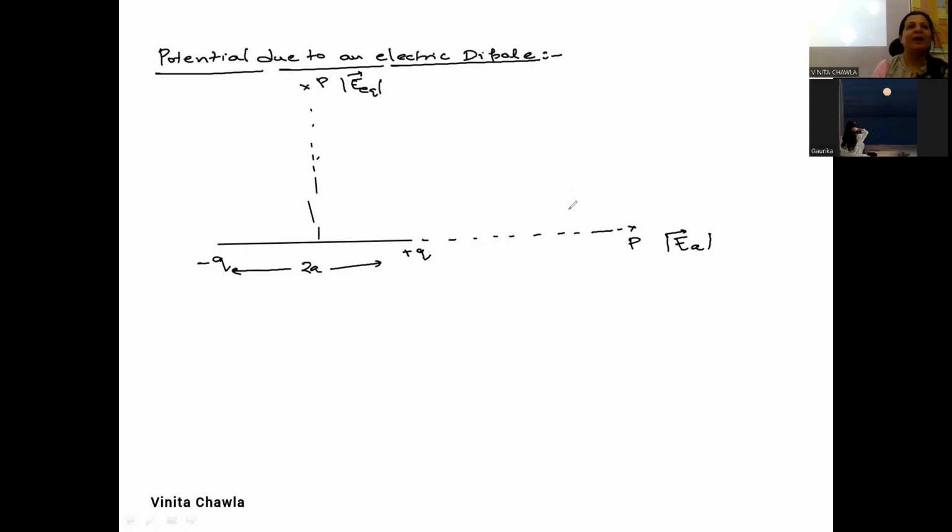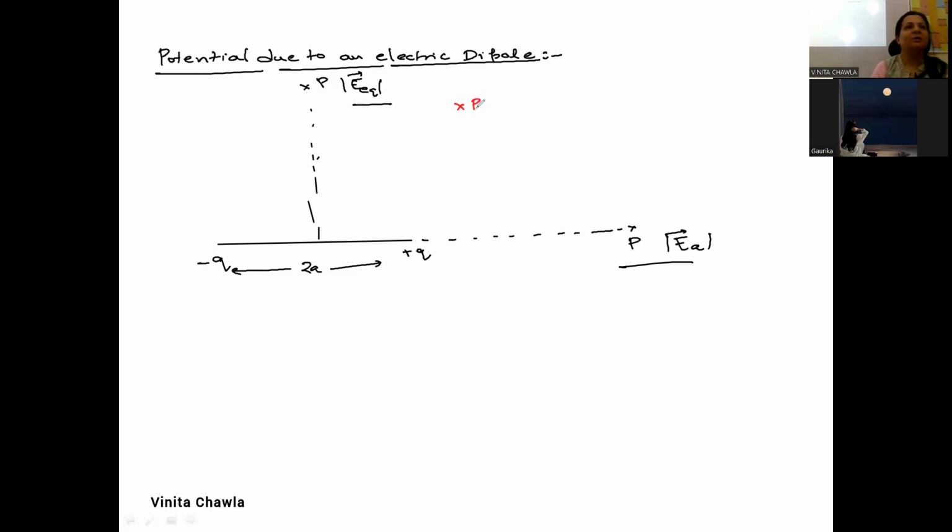Here we will find the electric potential due to an electric dipole. But here neither will we consider the axial line nor the equatorial line. Rather, we will choose an arbitrary point P, okay, anywhere around the electric dipole. Instead of taking the axial point and equatorial point, we will choose an arbitrary point.